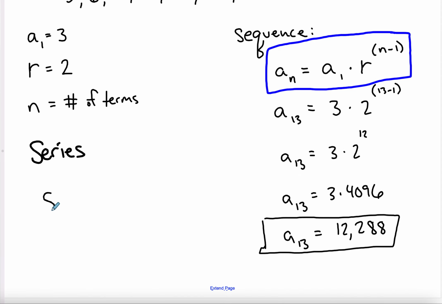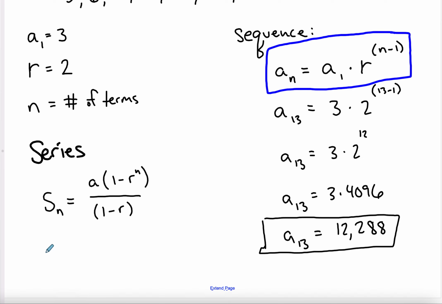That formula says the sum of the first n terms is equal to the first term times 1 minus the geometric ratio to that term's power, divided by 1 minus the geometric ratio.